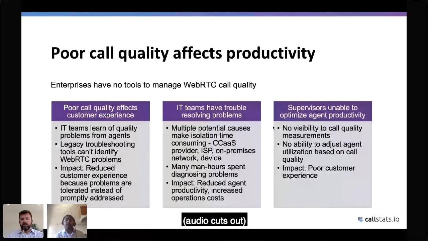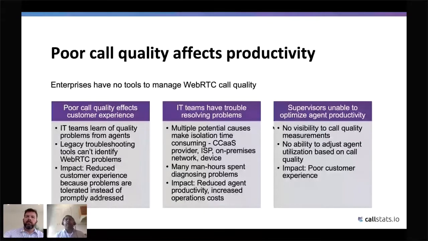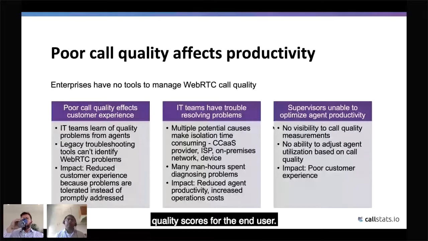If you have 40 agents who are supposed to take calls all day, and 20 of them are being unproductive, your call wait times are going to increase. So end users are going to be more dissatisfied, and the operations team would be really frustrated because they do have the manpower to support it, but they're still seeing the increase in wait times. So this is a full story around productivity of the agent, and quality scores for the end user, where you don't want to make them wait too much, and figuring out how we can optimize this.